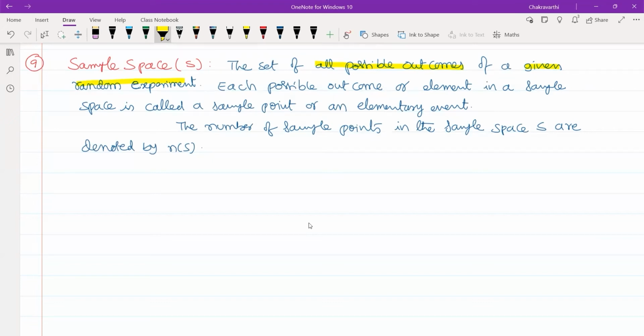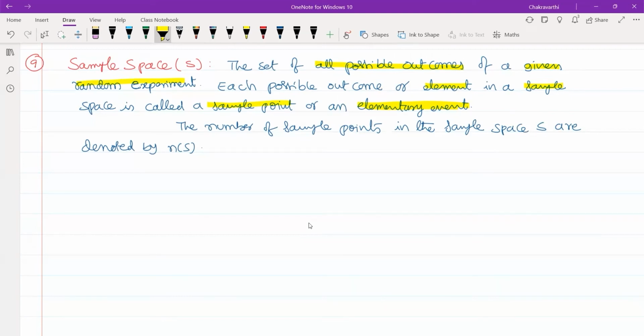Each possible outcome or element in a sample space is called a sample point, or an elementary event. A singleton element is called an elementary event. The size of the sample space is denoted by n(S). How can we measure the size? According to sampling theory, that size is very, very important.